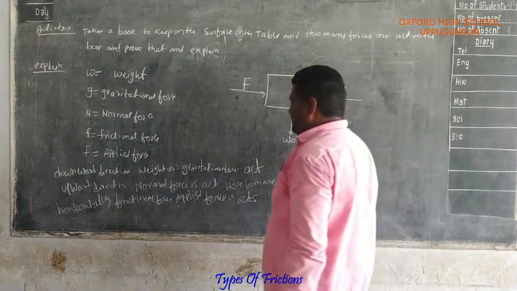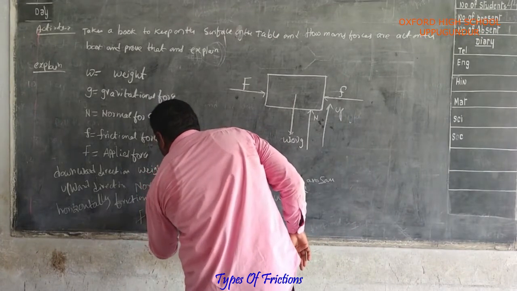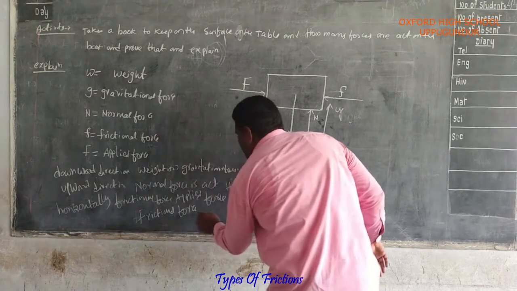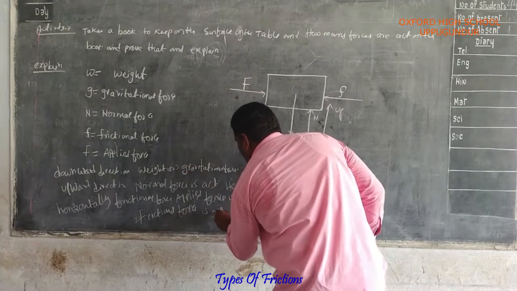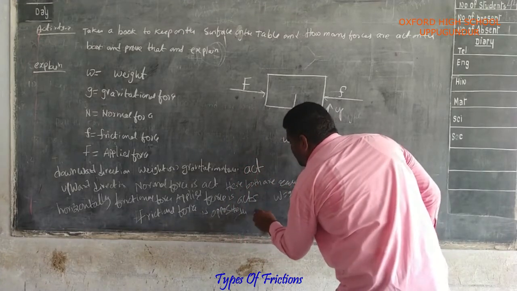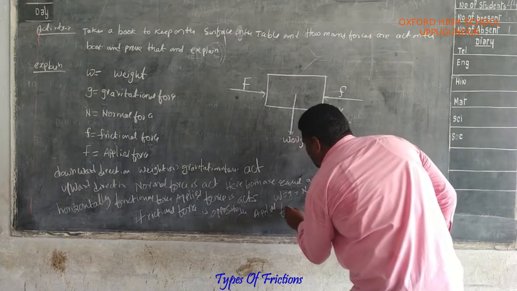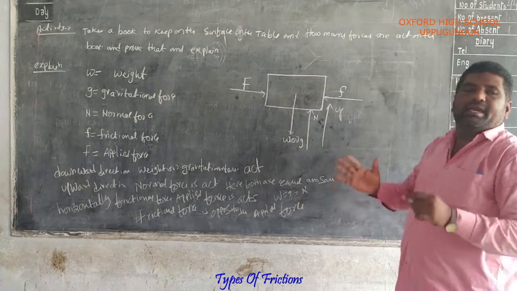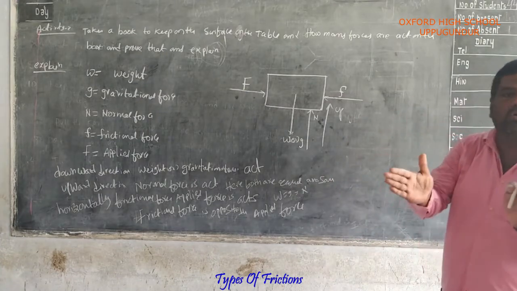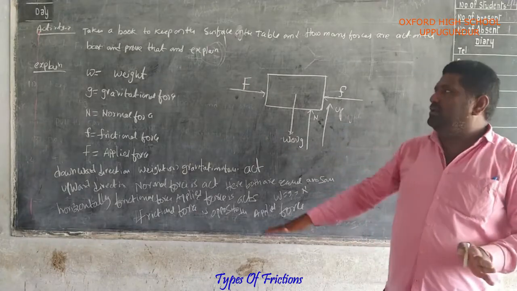And finally, frictional force is opposite to the applied force. This is the experiment to prove that one book is kept on the floor. How many forces are acting on the book? Prove that and explain.